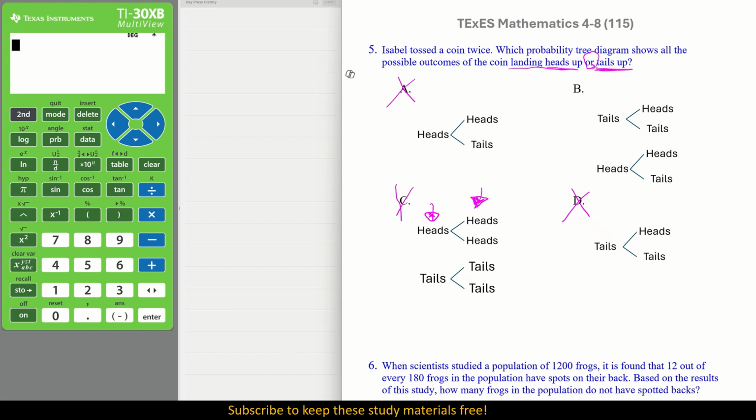That does not make sense unless you have a trick coin that has heads on both sides. But then, if that was the case, the tails wouldn't make sense. So obviously, we're dealing with B. That makes sense. If I get tails, the second time I might get either heads or tails. If I got heads the first time, the second time I tossed, I could get either of them.